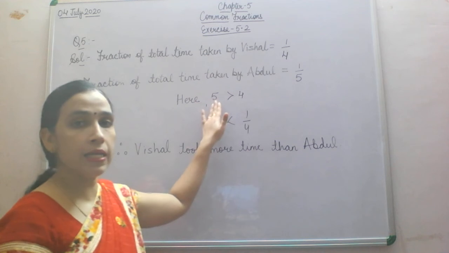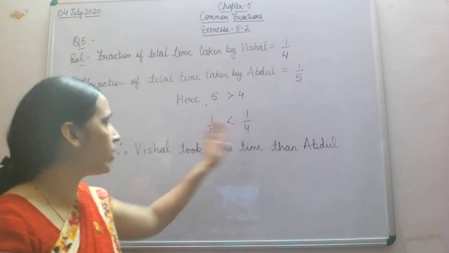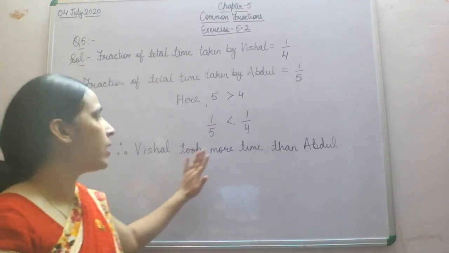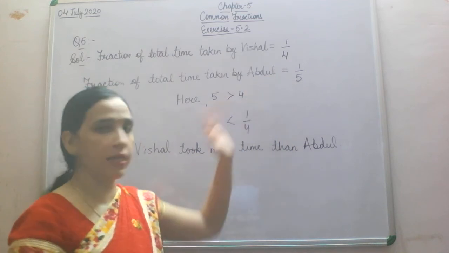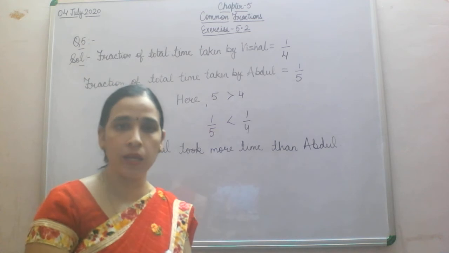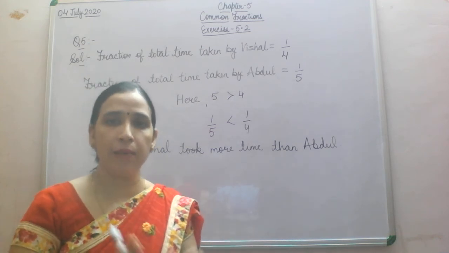It means greater the number, lesser the fraction, then 1 by 5 will be less than 1 by 4. Therefore, Vishal took more time than Abdul. Whosoever fraction will be greater, like Vishal's fraction is greater, 1 by 4 is greater. So Vishal took more time to write the examination.